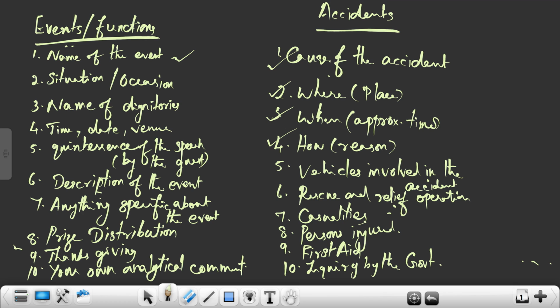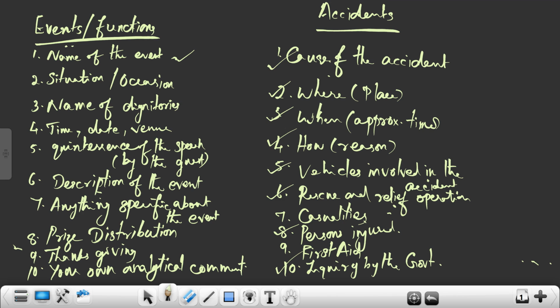How means what is the reason, and what are the names of the vehicles involved in the accident, and also the rescue and relief operators on the spot, then casualties if any, and also the names or the number of the persons injured, and the first aid given by whom, and also the inquiry by the government.